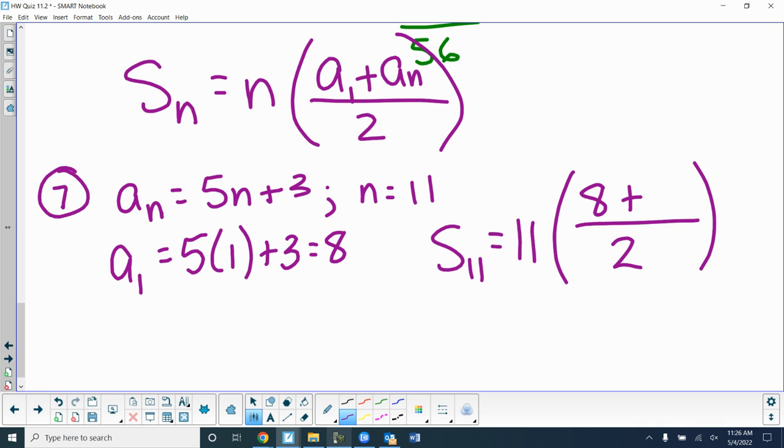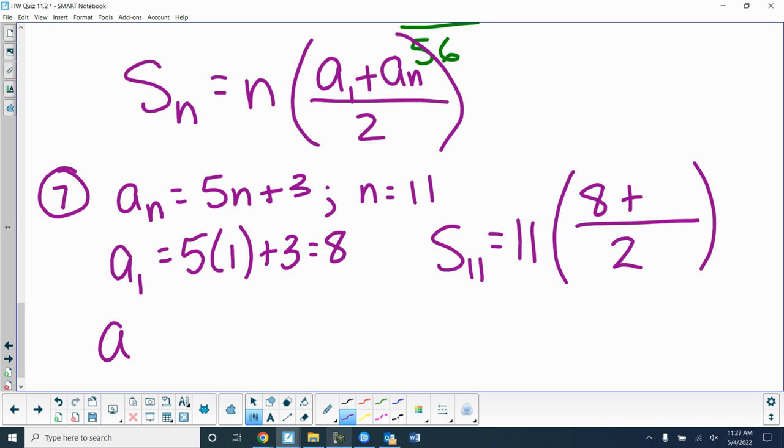And what other term do I have to find? How many terms am I supposed to add? 11.